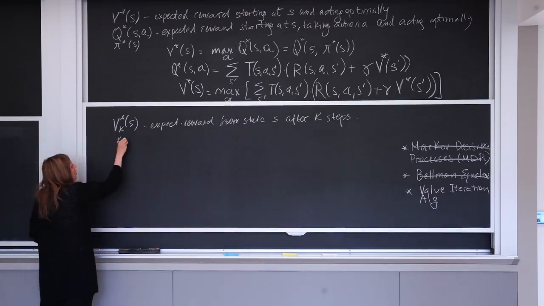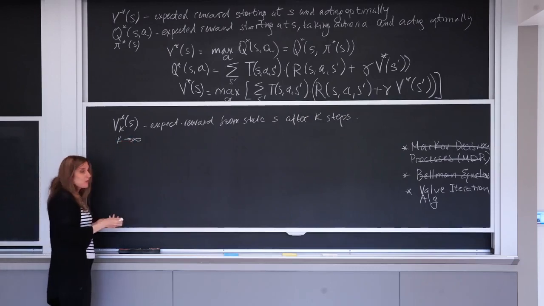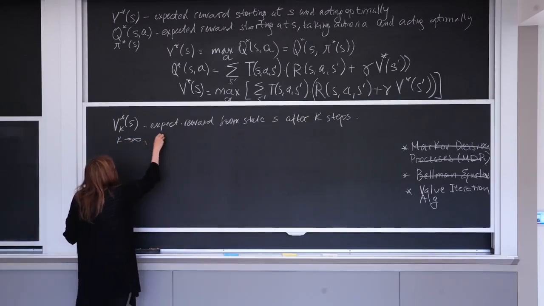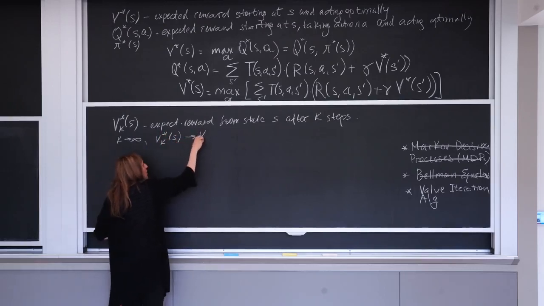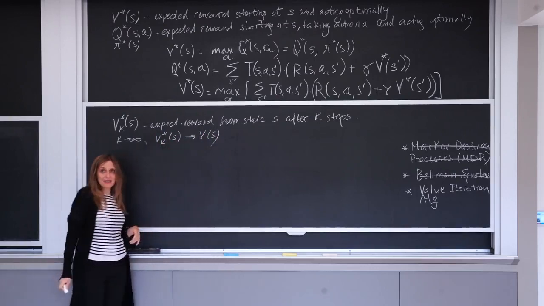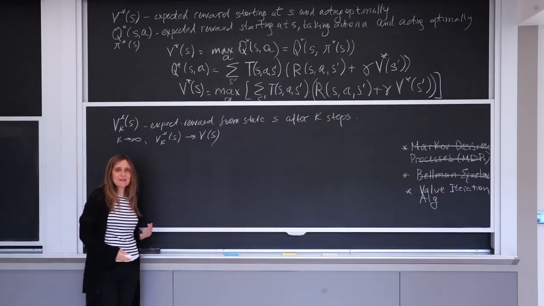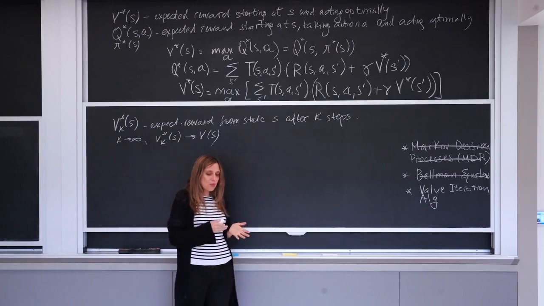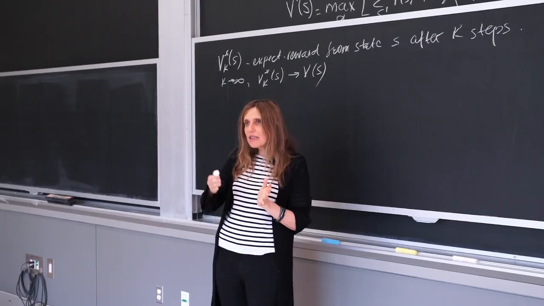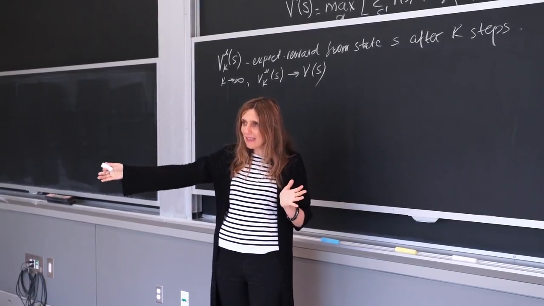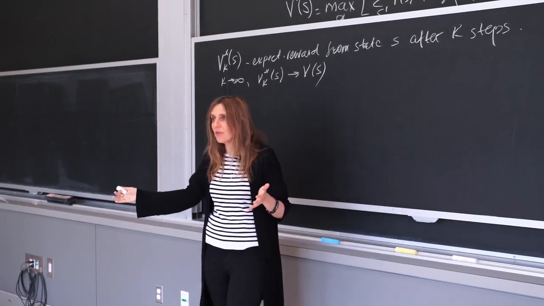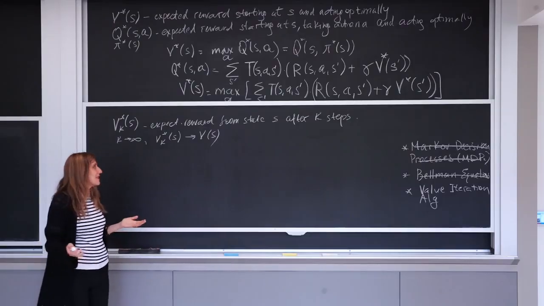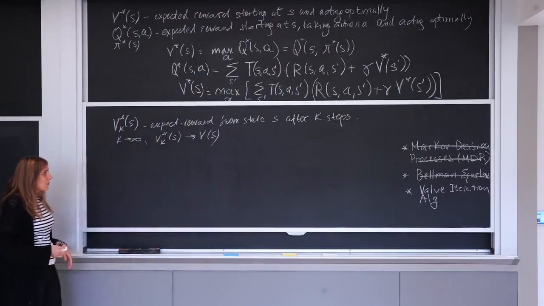When K goes to infinity, our Vk would converge to the true value of the state. So the recursive algorithm that I will define will at each point continue increasing the number K until we hopefully converge to the true value of the state.